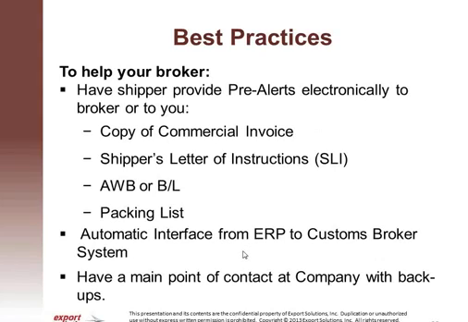In addition to that, you'll want to talk about how you get pre-alerts sent to your customs broker. So your supplier, you'll always want to work with your supplier to have them send copies of the shipping documentation at the time of export of that country.